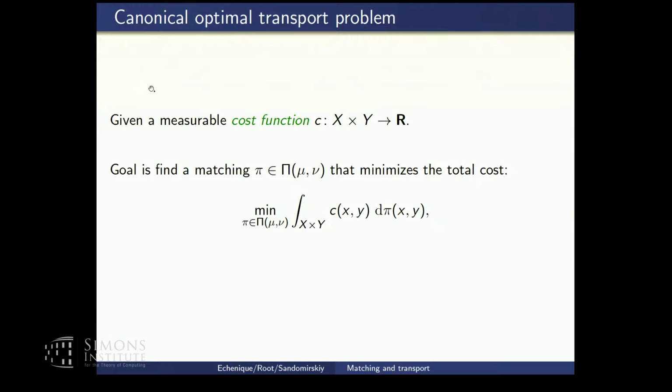So if a function C that maps x cross y into R is called a cost function, then the optimal transport problem that is associated to C and to the two populations mu and nu is a problem of finding a matching that minimizes cost. Okay. It minimizes the cost of any couple that I form.